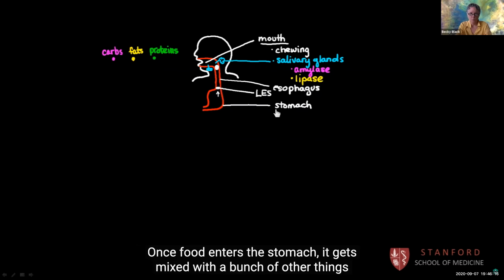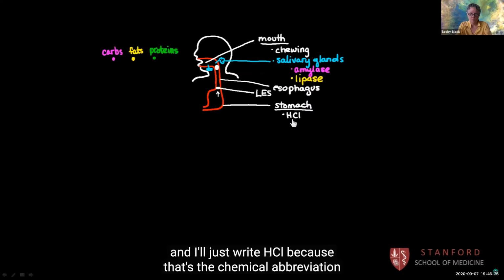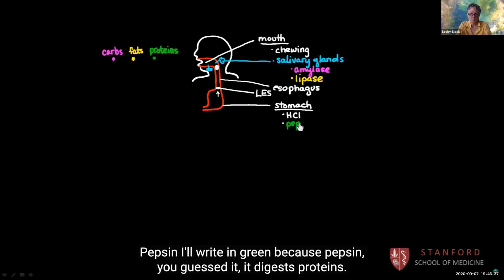So once food enters the stomach, it gets mixed with a bunch of other things that are secreted by the stomach. Things like hydrochloric acid, or stomach acid, and I'll just write HCl because that's the chemical abbreviation for hydrochloric acid. The stomach also secretes a digestive chemical called pepsin, and pepsin, I'll draw it in green because pepsin, you guessed it, digests proteins.